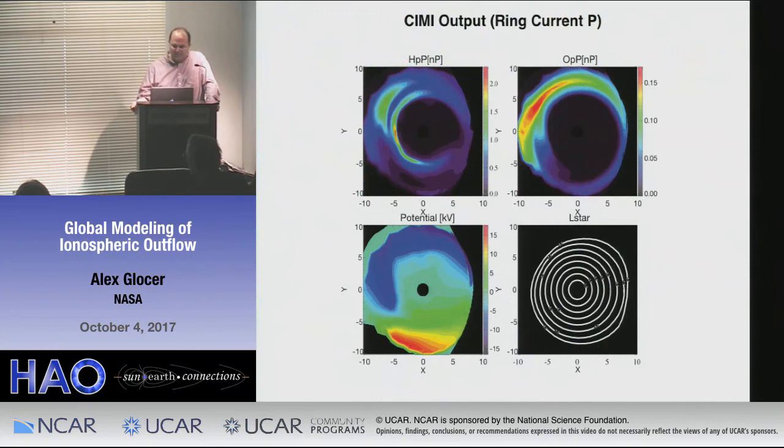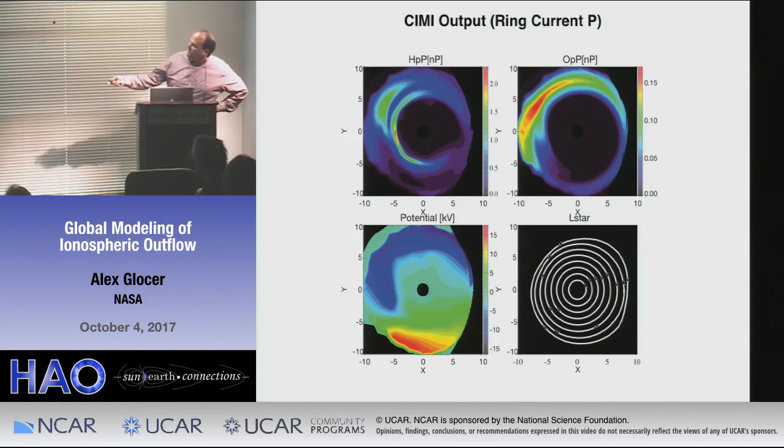So finally, I want to ask, what's the impact for the ring current? This is very steady outflow conditions, very steady driving, so not a lot is going on in the solar wind. And what we see is the H+ pressure in the ring current, with the sun to the right, and this is the O+ pressure.